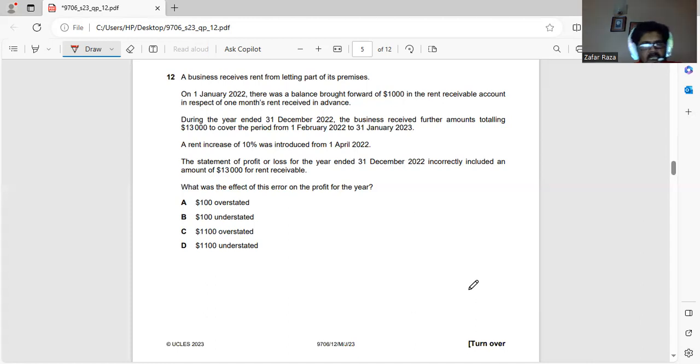A rent increase of 10% was introduced on 1st April 2022. The statement of profit or loss for the year ended 31st December 2022 incorrectly included an amount of 13,000 of rent receivable. So, what was the effect of this error on the profit for the year?